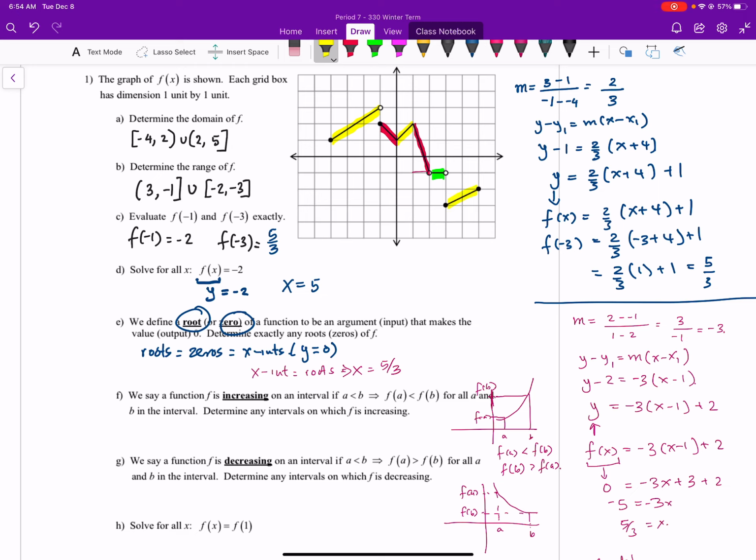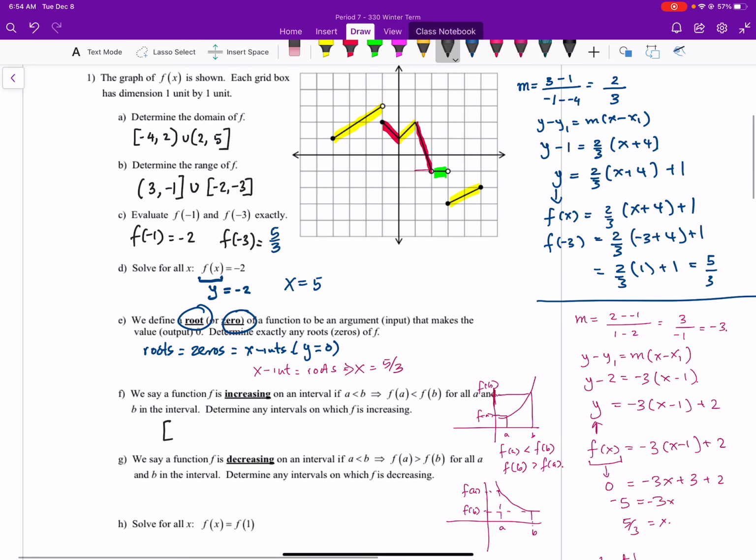Okay, so by that we can clearly see that it's increasing from negative 4 all the way to 1, square bracket, no, regular parentheses, because it's on the open circle. That's where it was increasing. And then we get union 0.